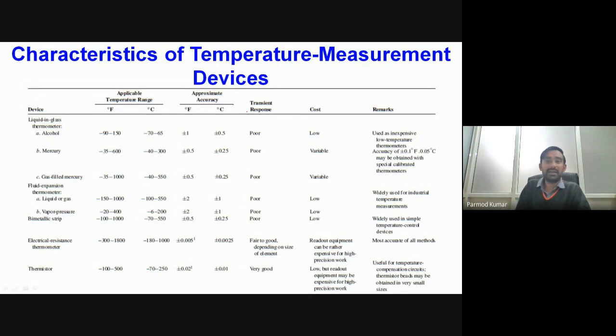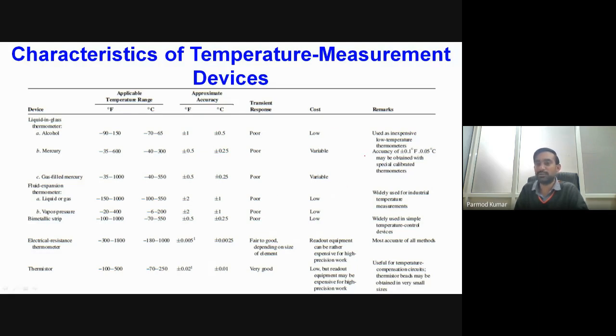Then I have included in summarized form the characteristics of different temperature measurement devices. This is a simple table. It includes all the mechanical as well as electrical temperature based devices, and you can find their range of temperature measurement, approximate accuracy, their transient response, whether it is poor or good, and their cost.